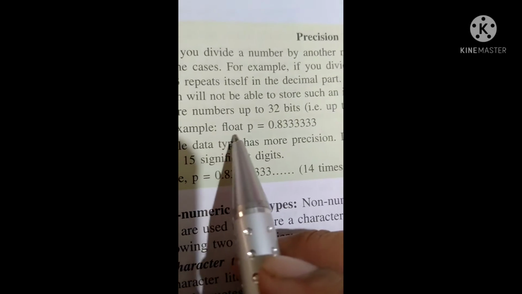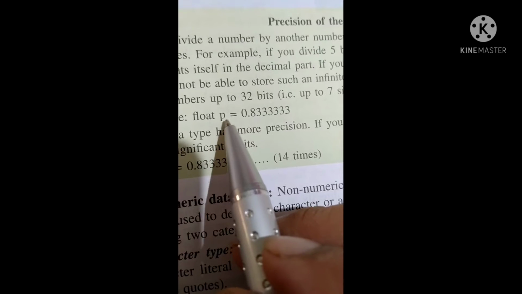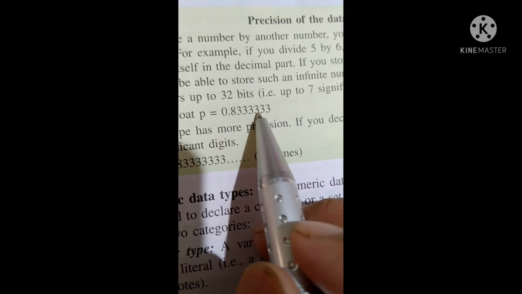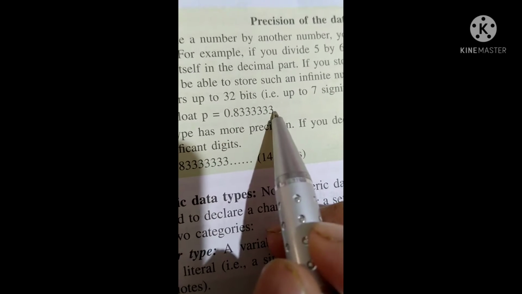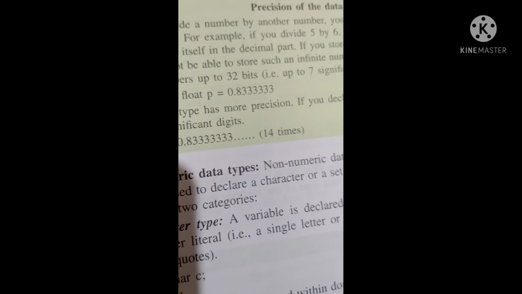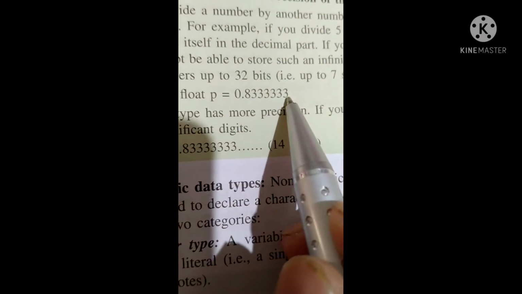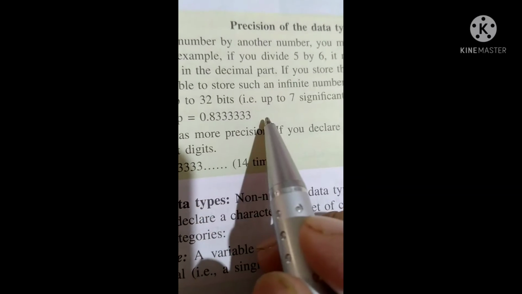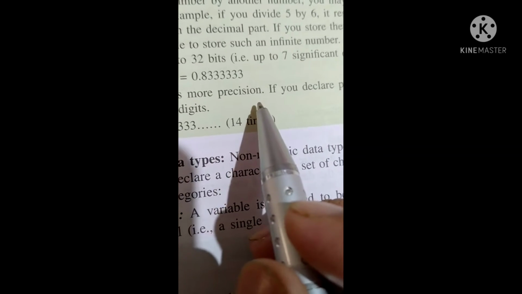Suppose you are declaring data type float and dividing 5 by 6, then you will get p equal to 0.833333, only 7 digits. After that, a float has no capacity to display more decimal points. If you want more decimal points, then you declare the data type double, which gives more precision.